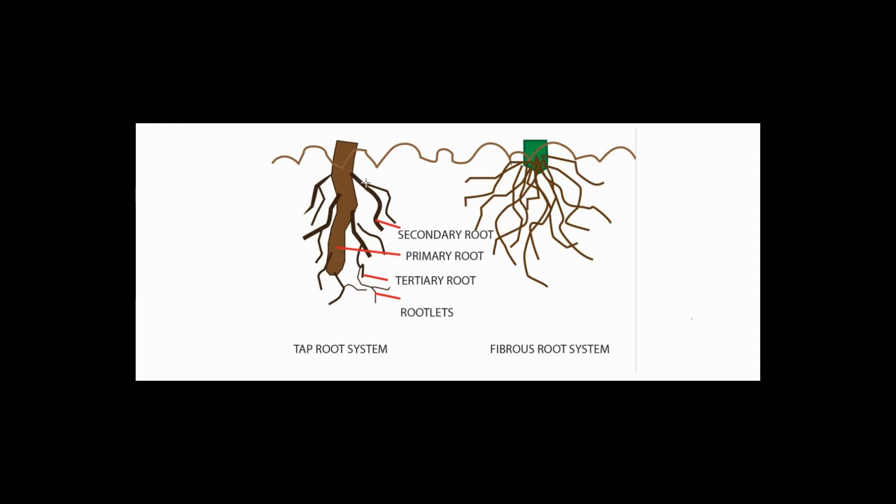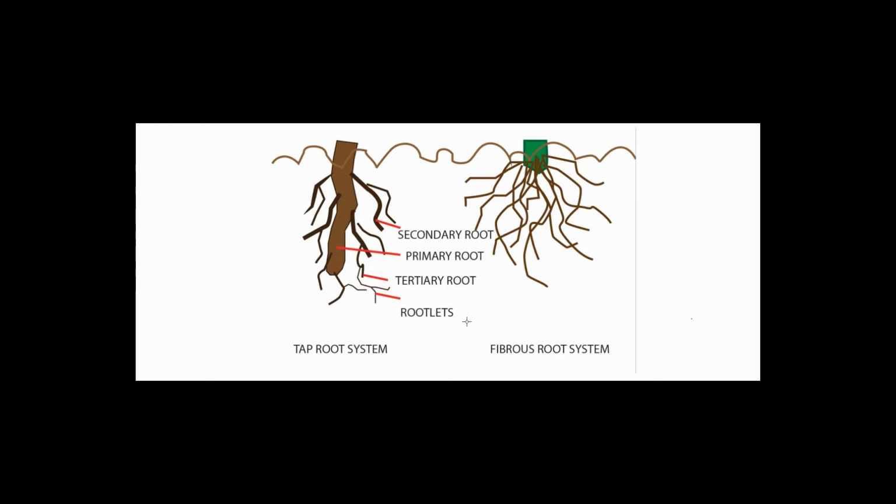And if that secondary root creates another root, that will be called a tertiary root. And if this tertiary root creates another root, it is termed rootlets.